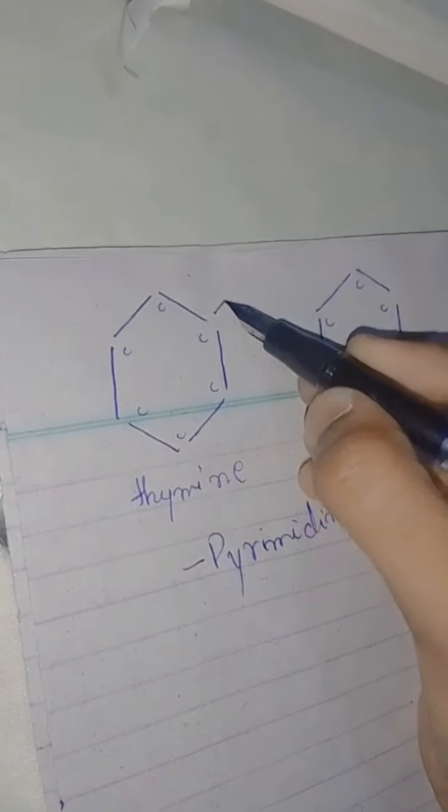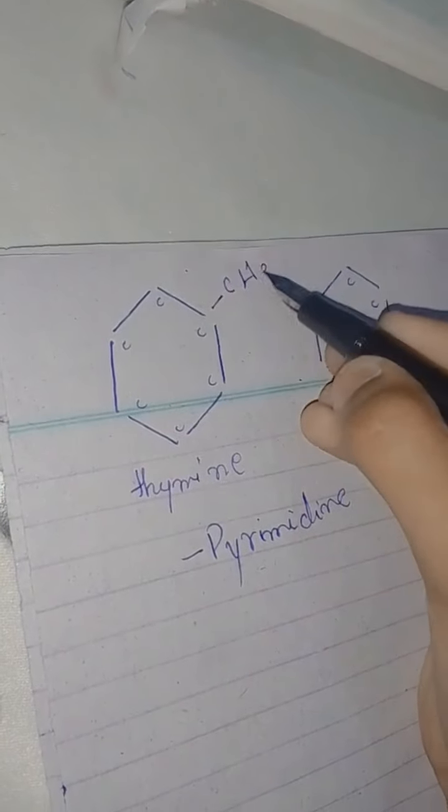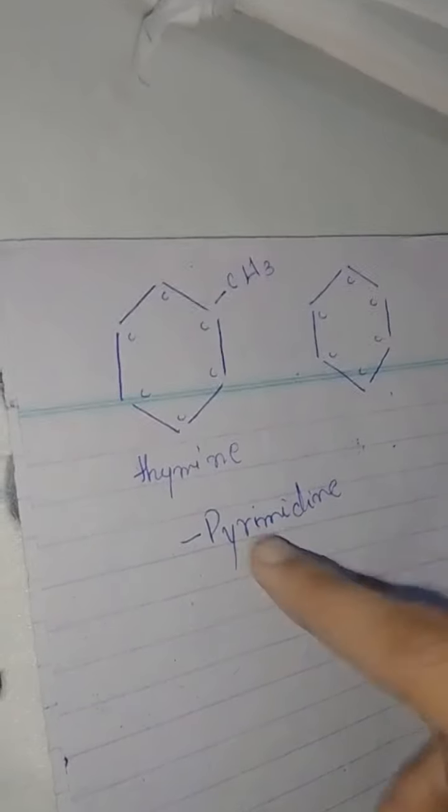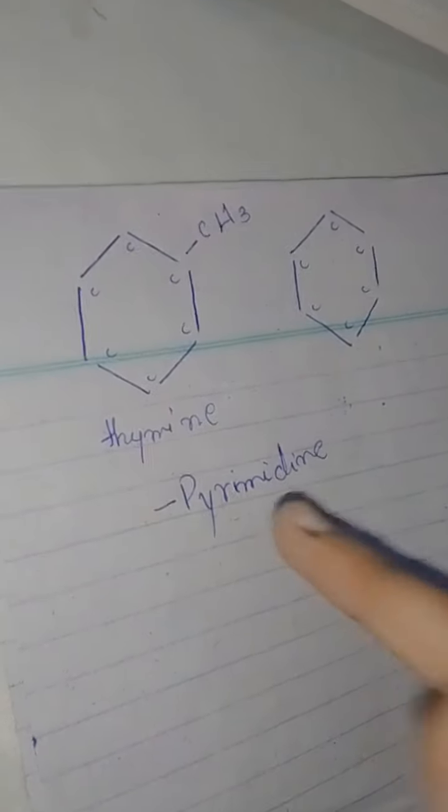So how can we identify thymine? If a CH3 methyl group is attached on the top of the single ring structure, that will be known as thymine.